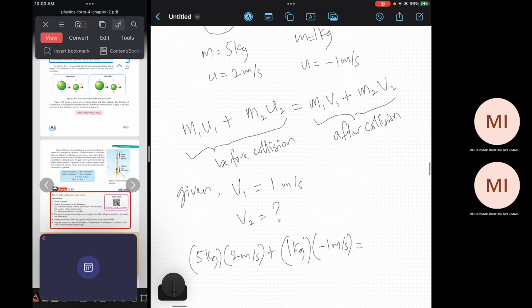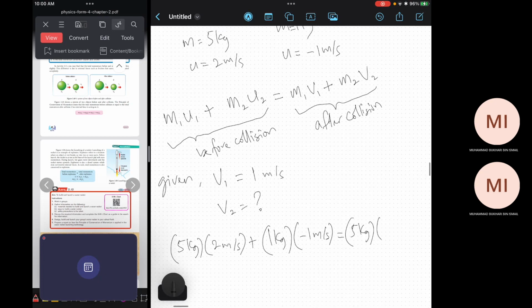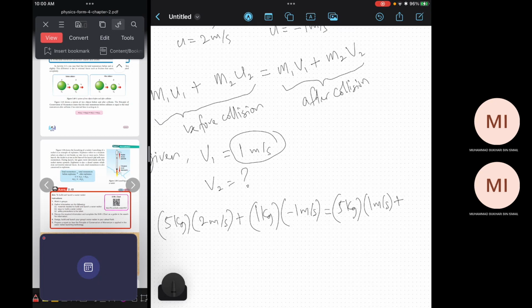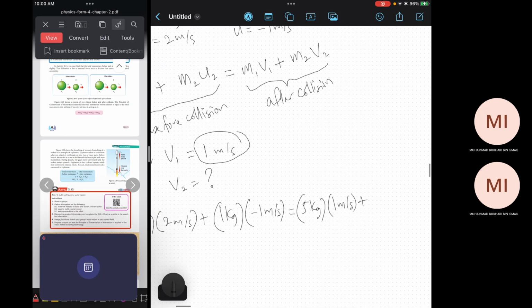What is M1? 5, right? 5 kilogram. What is V1? V1 given in the question. 1 meter per second. Okay. Plus M2. What is M2? 1 kilogram. Multiply by V2. V2 kita tak tahu. We don't know what is V2 because that's the question.